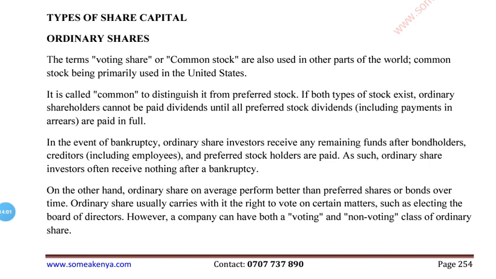So the terms voting share or common stock are also used in other parts of the world, common stock being primarily used in the US. It is called common to distinguish it from preferred stock.